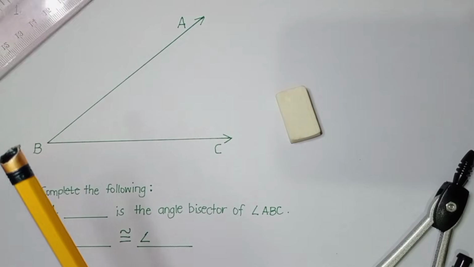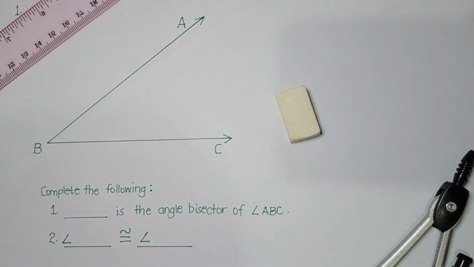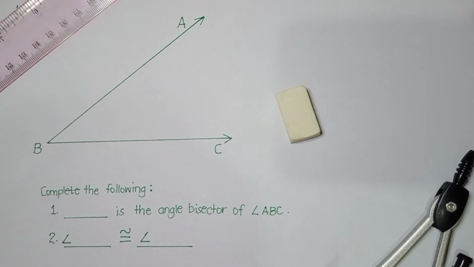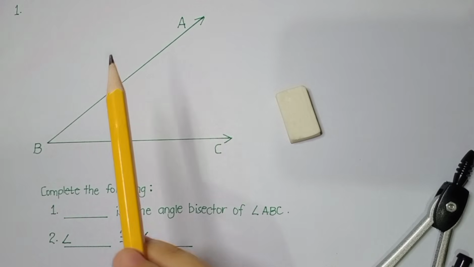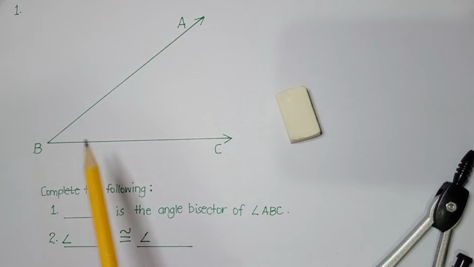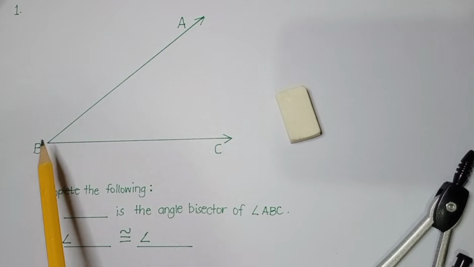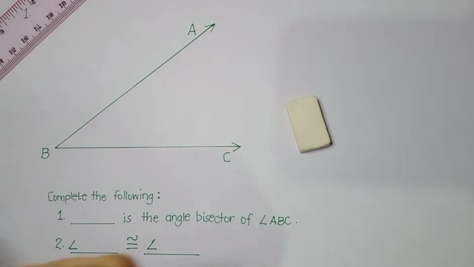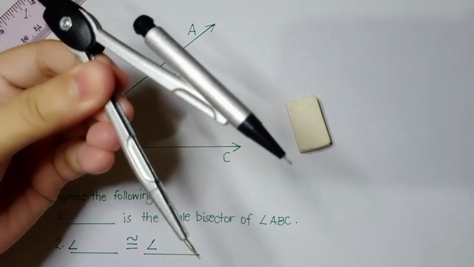Okay. So, first step, pag sinabi kasi nating angle bisector, ibabisect niya yung angle. So, I have here angle A, B, C. Okay? So, meron tayo ditong angle A, B, C where B is your vertex. Now, kapag nagko-construct tayo ng angle bisector, iset up nyo yung inyong compass.